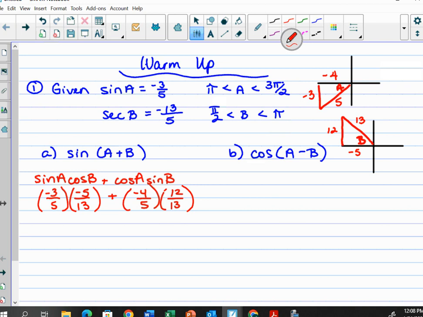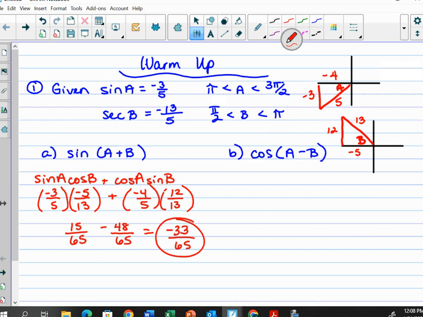And then you multiply. So -3 times -5 is 15 over 65. And then this is going to become -48 over 65. So you get -33 over 65. How'd we do on part A? Good. Okay. All right, the cosine problem.